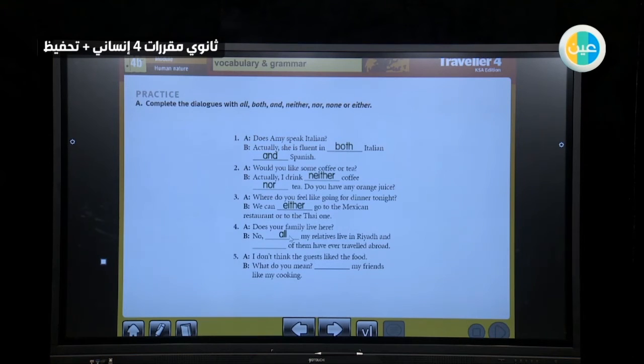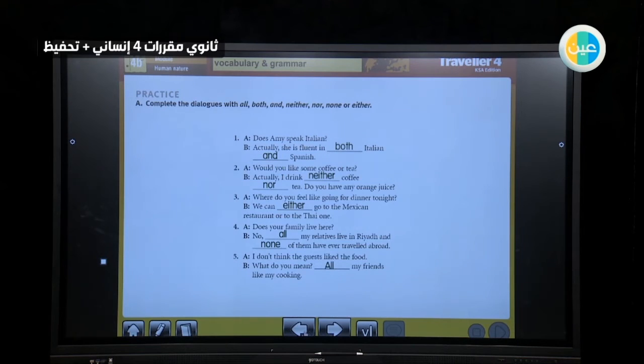And we are talking about more than two, and none of them have ever traveled abroad. I don't think the guests liked the food. What do you mean? My friends like my cooking. So my friends, more than two. We can say here, all my friends like my cooking.